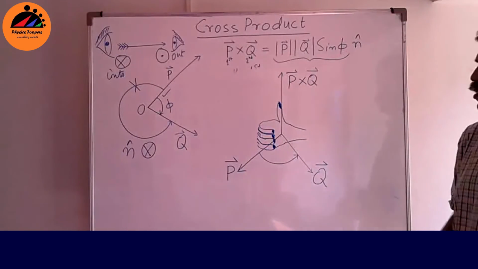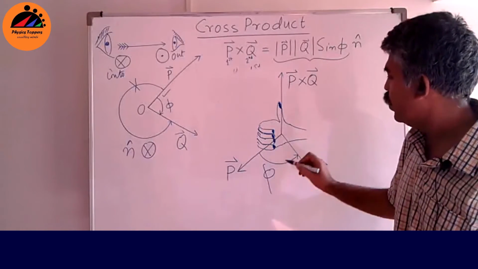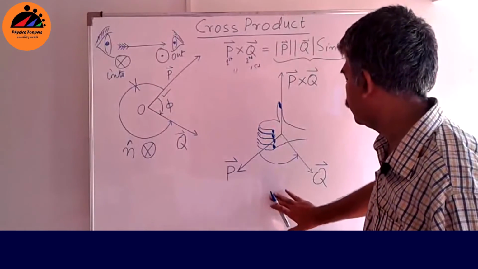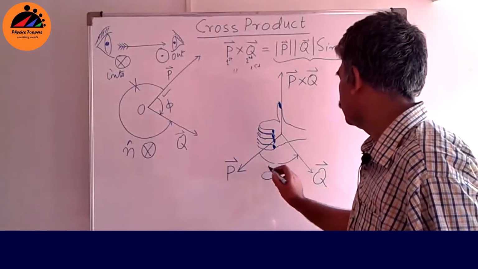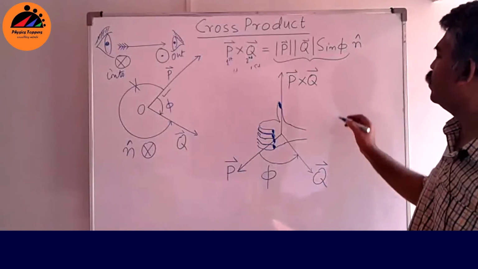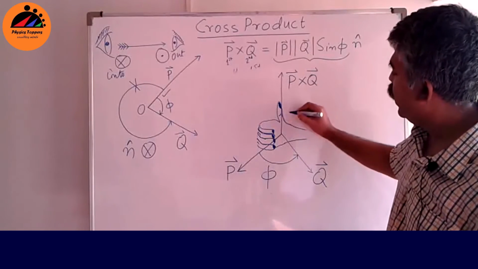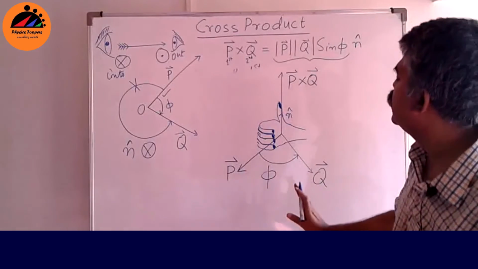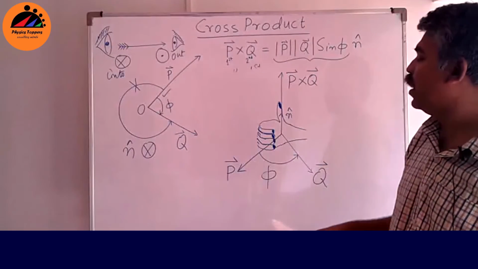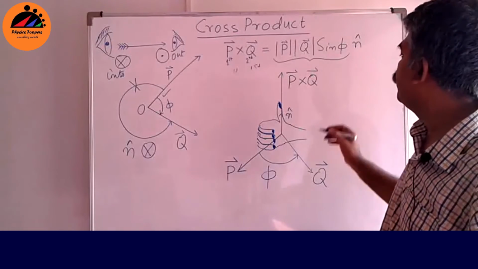I think you understand. You should rotate through this shorter angle phi. So the unit vector n cap will point perpendicular to this plane which contains P and Q, and it will point perpendicularly up.